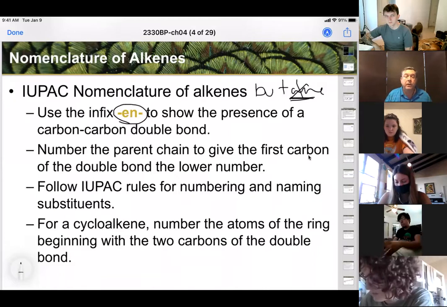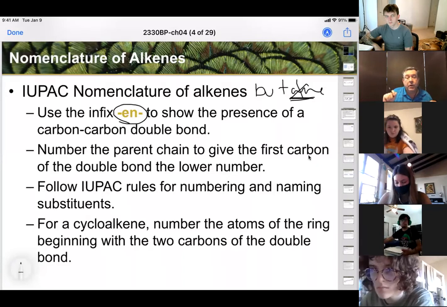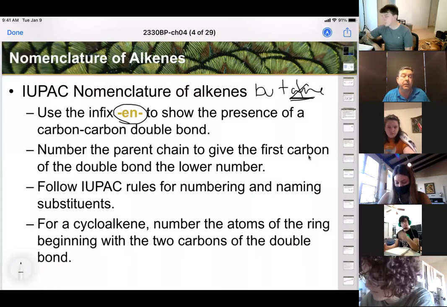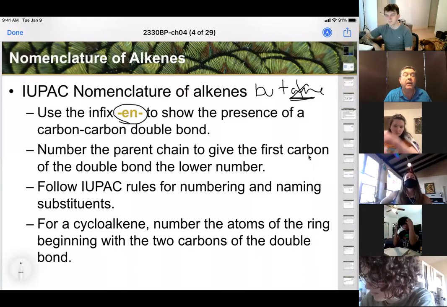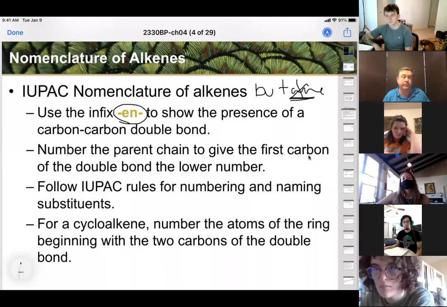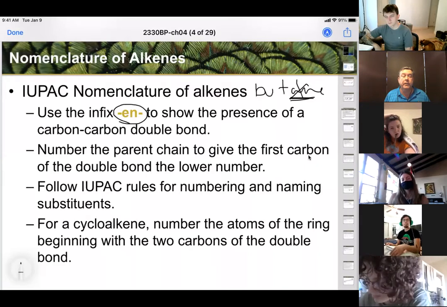The way we do it is we number the parent chain and give the first carbon of the double bond the lowest number. The other important thing is both carbons of the double bond have to be in the parent chain. That's the only difference from all the alkane rules we learned.